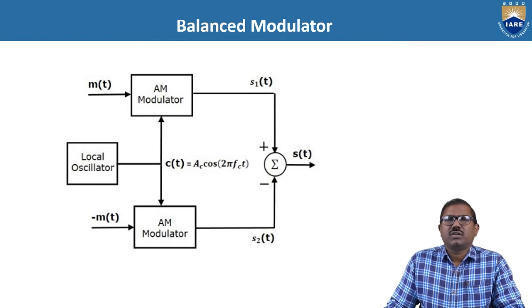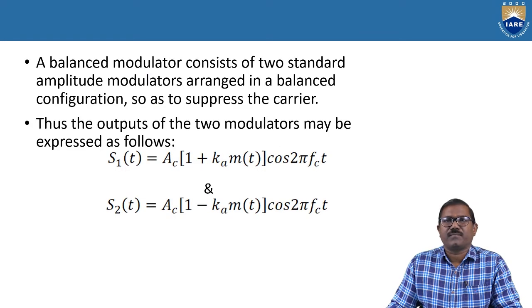We give m of t to the AM modulator, which produces s1 of t, and in the lower channel another AM modulator produces s2 of t. These two signals go to the summer, and the final output of the summer is s of t, equal to s1 of t minus s2 of t.